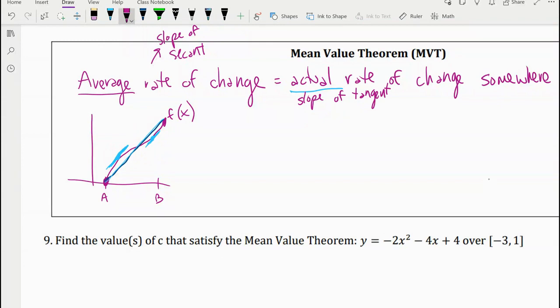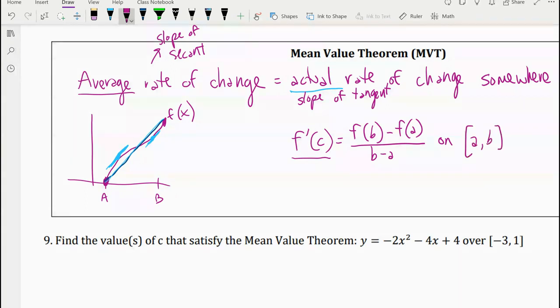So the mean value theorem is: f prime of c is equal to, so this is the actual rate of change, the instantaneous rate of change, f prime of c is equal to the slope between two points, on A to B, where C is on the interval A to B. So C is somewhere in between A and B.